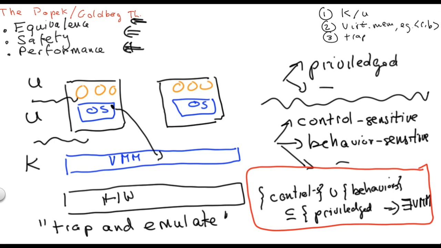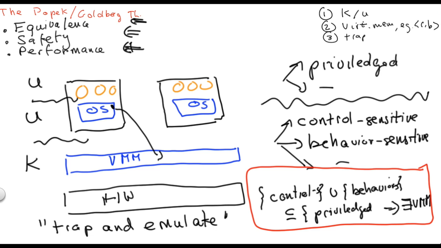And so we can find counterexamples that show that building a virtual machine monitor using exclusively direct execution actually cannot be done because of the violation of the equivalence property. But in order to prove the theorem, we also need to convince ourselves that if the inclusion relationship is met, then you can actually build a VMM.